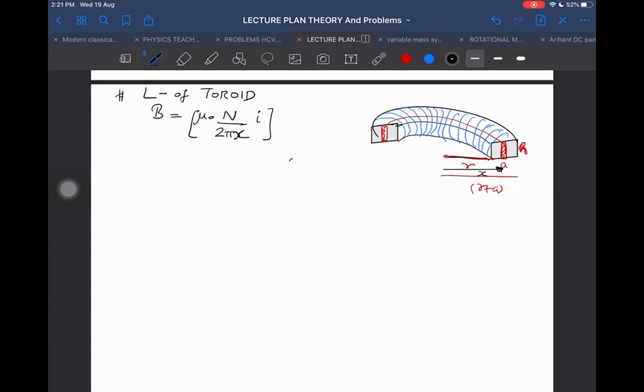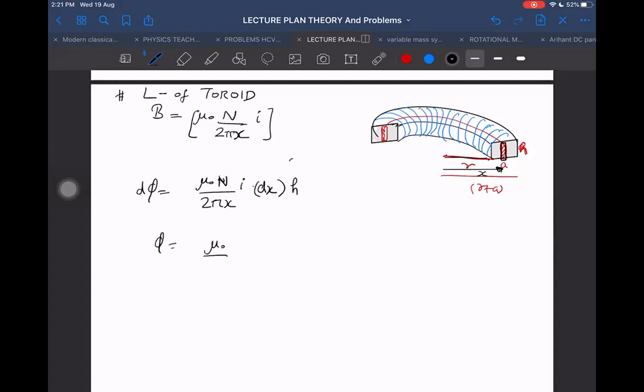So what will be the flux passing through this small elemental area? That flux d phi will be equal to mu naught N upon 2 pi x into I into dx into h. What will be the net flux integrated?